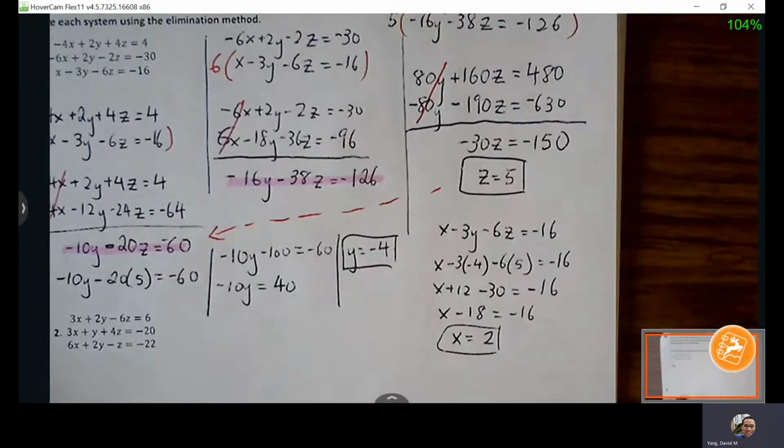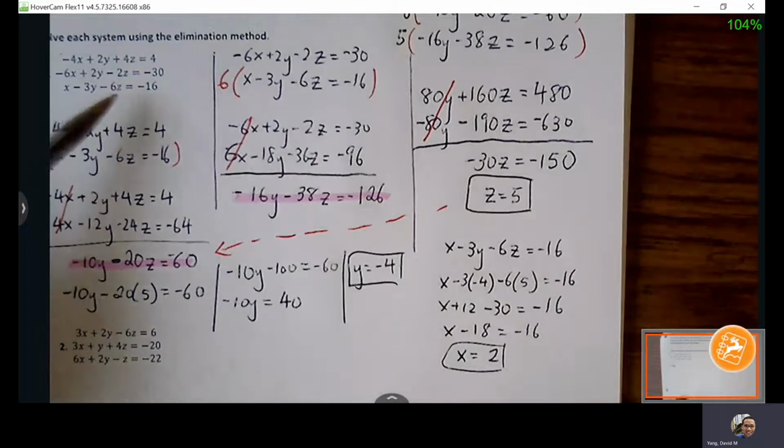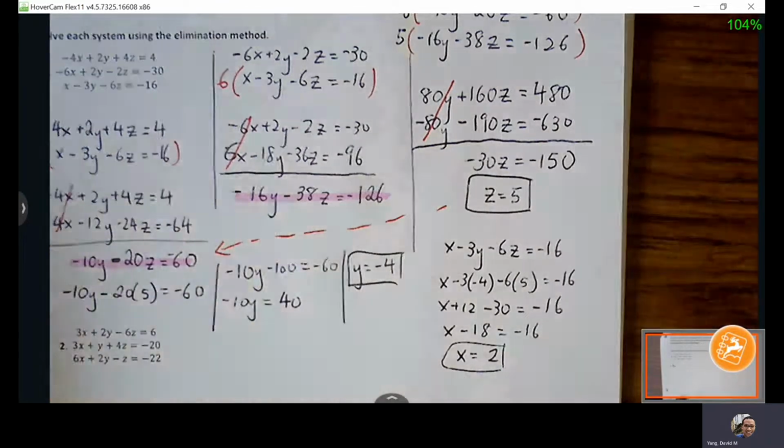So our answer, this is not an ordered pair here. This is going to be an ordered triple because we have three variables here.